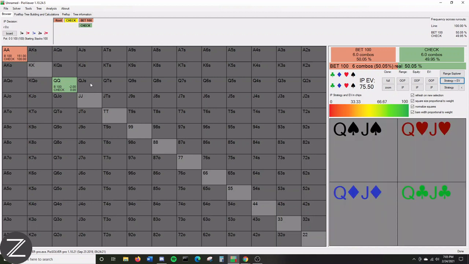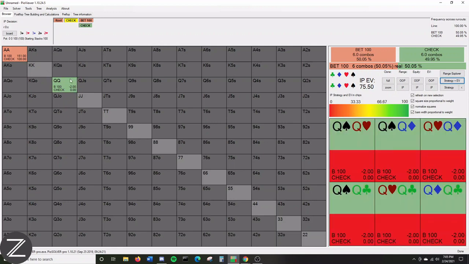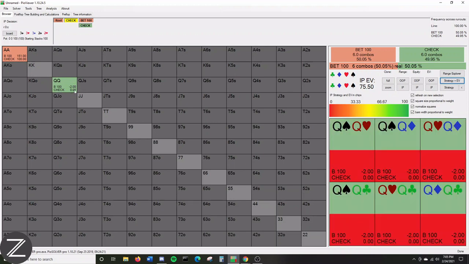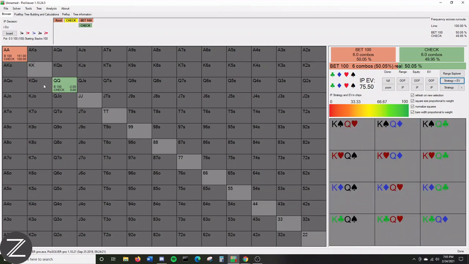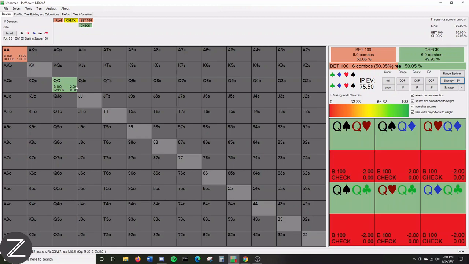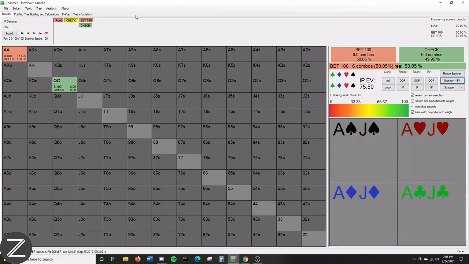So the main takeaway is at equilibrium, both players are implementing a minimax strategy. So there's nothing either player can do to minimize the other player's counter strategy, and therefore both players are insusceptible to exploitation.